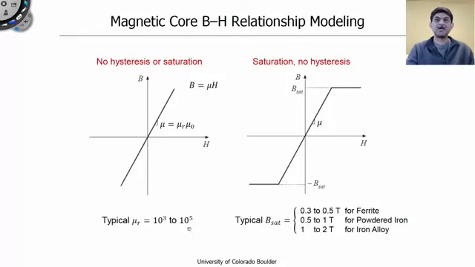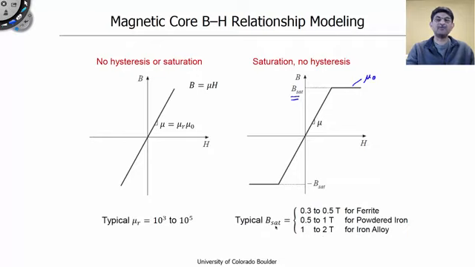That means the permeability of magnetic materials is 3 to 5 orders of magnitude larger than the permeability of free space. To have a more accurate representation between B and H, we could also include in our model the effect of saturation. We can do that by defining a saturation flux density B sat, which defines the limit of B after which the slope of the curve changes from mu to mu naught.